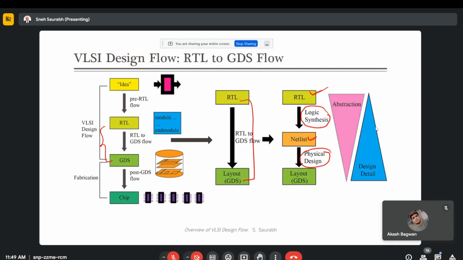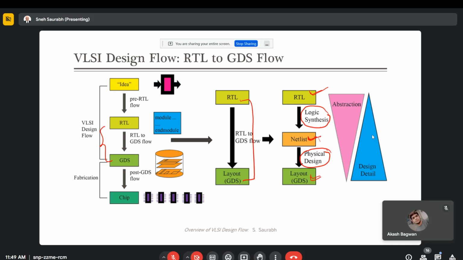What is a netlist? We'll see. And the second part is the physical design. In the physical design, we take the netlist and do a layout for it, right? So we create a layout for our chip. From the netlist we get the layout.